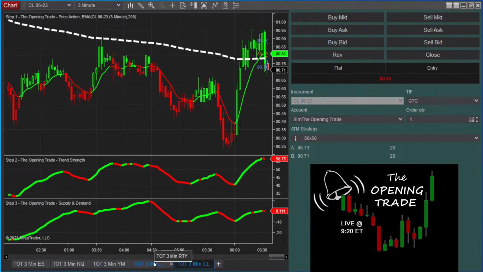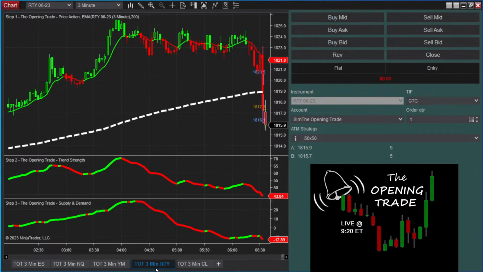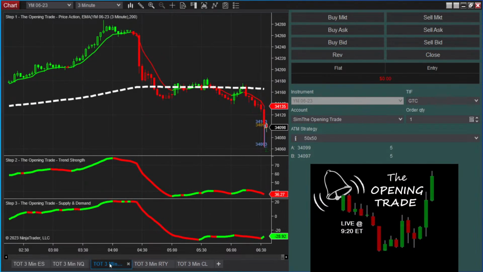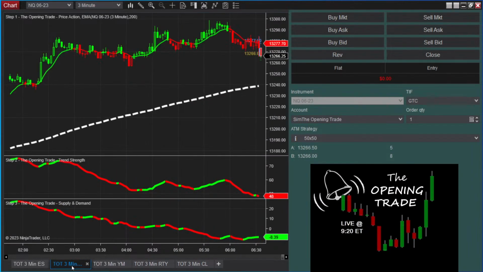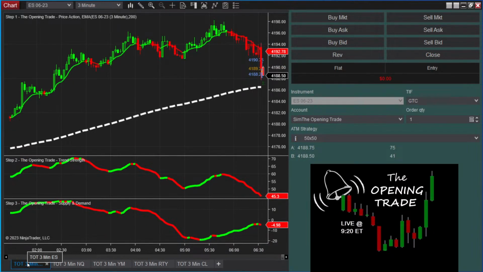So let's see what's happening in the other charts here. This is Russell. It's now below the 200 period EMA. Dow is as well. NASDAQ still above, but it's on its way to the 200, and the S&P 500 has just been steadily creeping down for a chunk of candles.